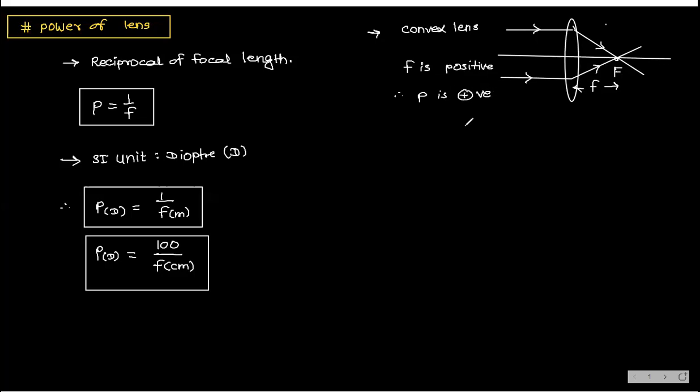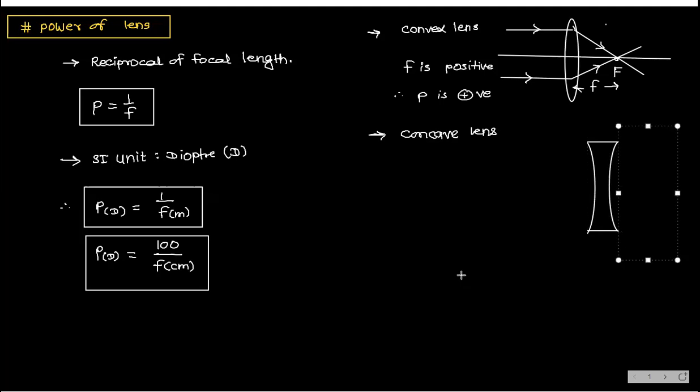Similarly, for concave lens, you know how the concave lens is, like this, right? And where is its focus? This side. Let me finish the diagram. So its focus is which side? This side.